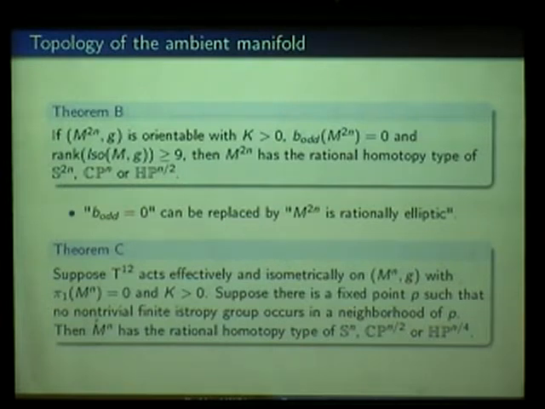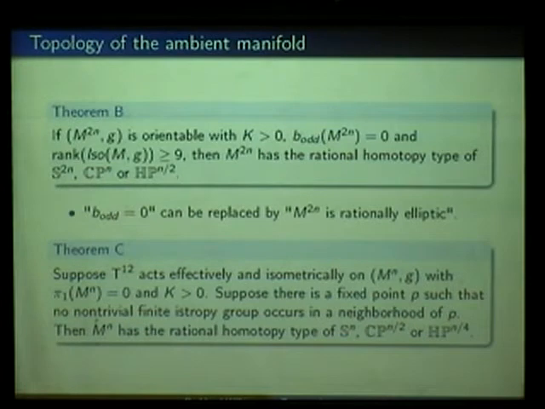So of course here also there were previous theorems. Maybe I should mention one of the oldest theorems that started things, by Grove and Searle. That actually also works with just an S^1 action, for example.